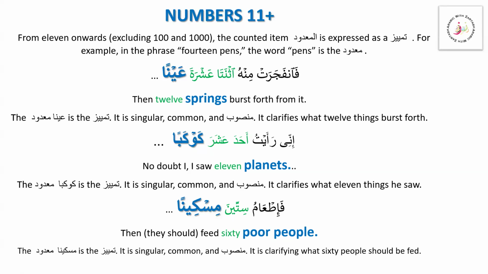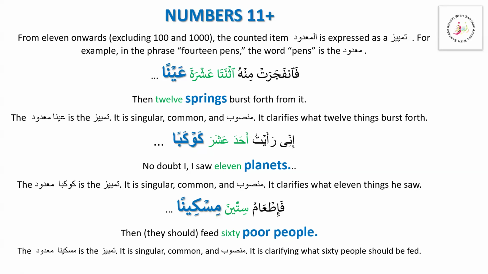If you are going to say 14 pence, pence is a madud. 14 is our adad, the number, and the thing being counted is known as a madud. So we have this simple example of adad and madud, 14 pence, where pence is a madud. And this madud will be a tamyiz in the sentences.